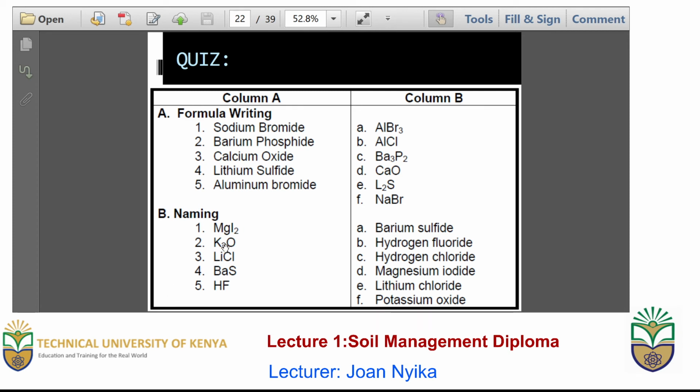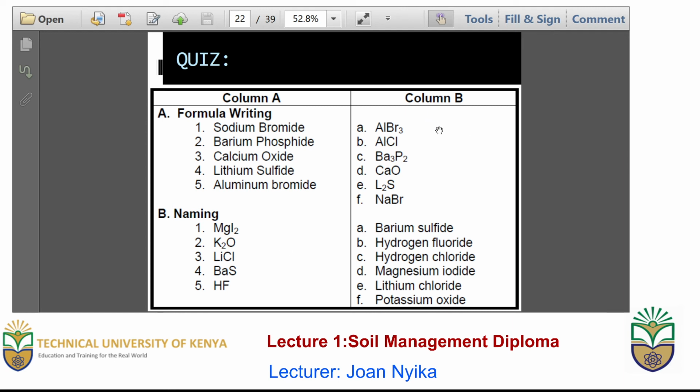Number 2 is that we have potassium and oxygen. Potassium does not change. However, oxygen, we have to add the suffix IDE to form oxide. So it is potassium oxide. You can do the same for the rest of the compounds.